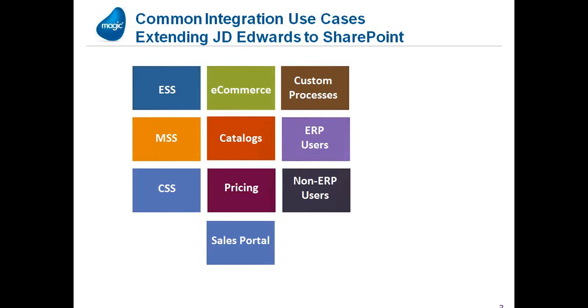But there are other kinds of e-commerce related requirements that are very popular, where people are creating company-wide product catalogs and pricing information and sales portals and even transaction portals for trading partners and customers.